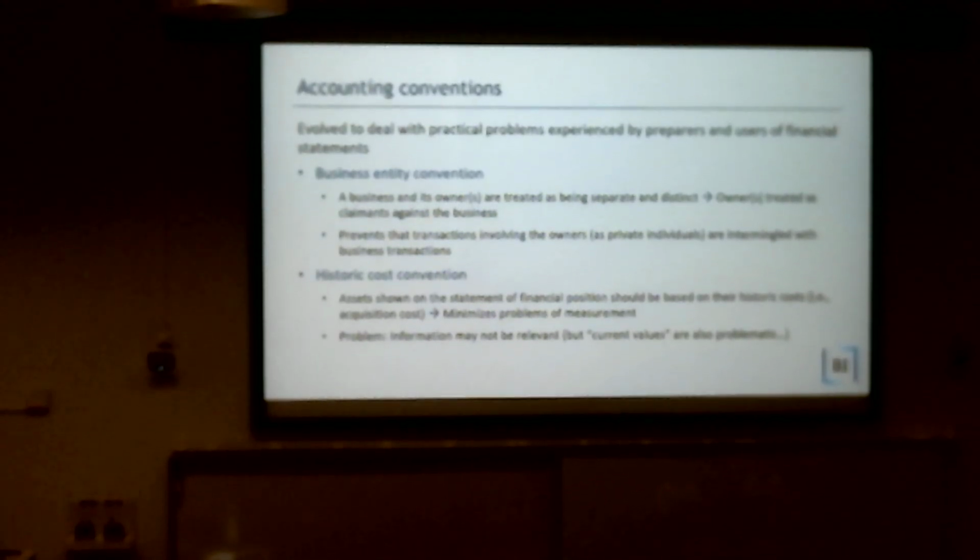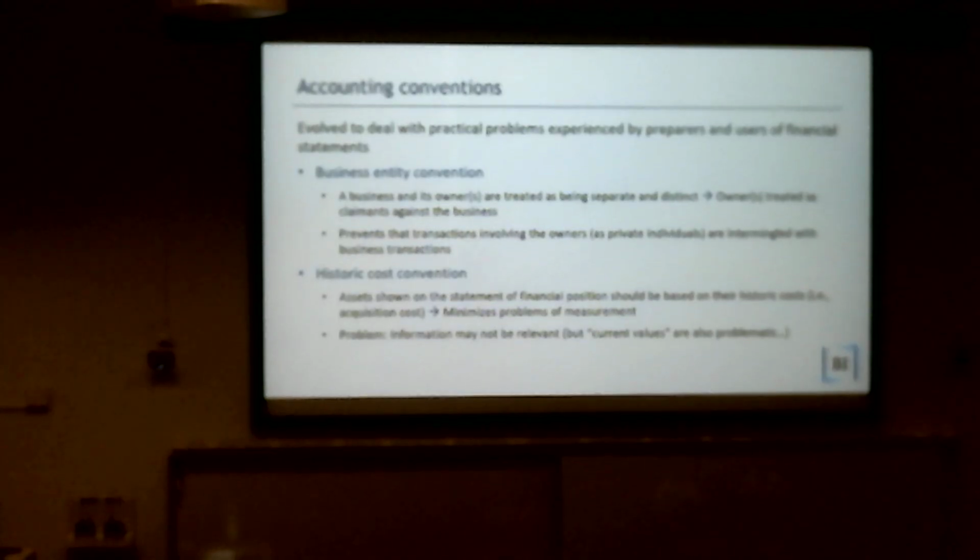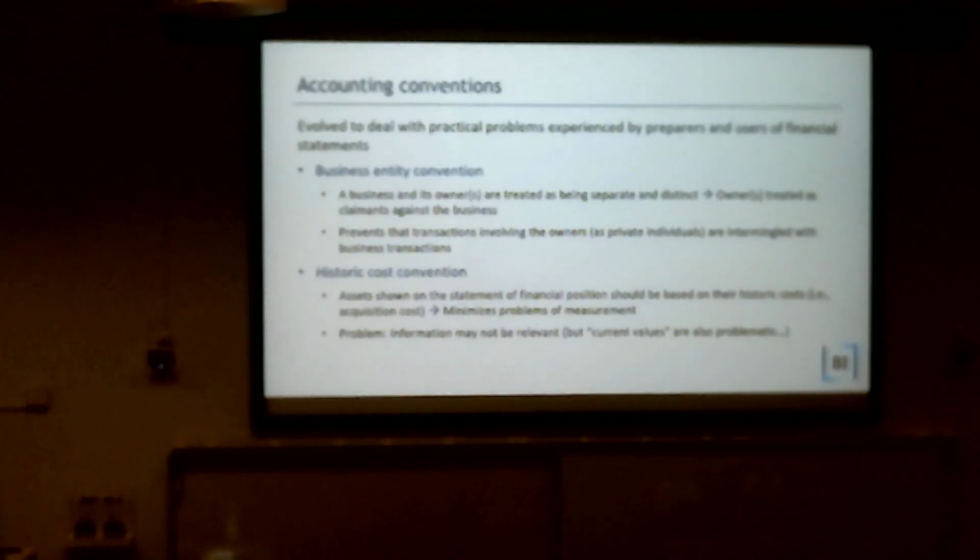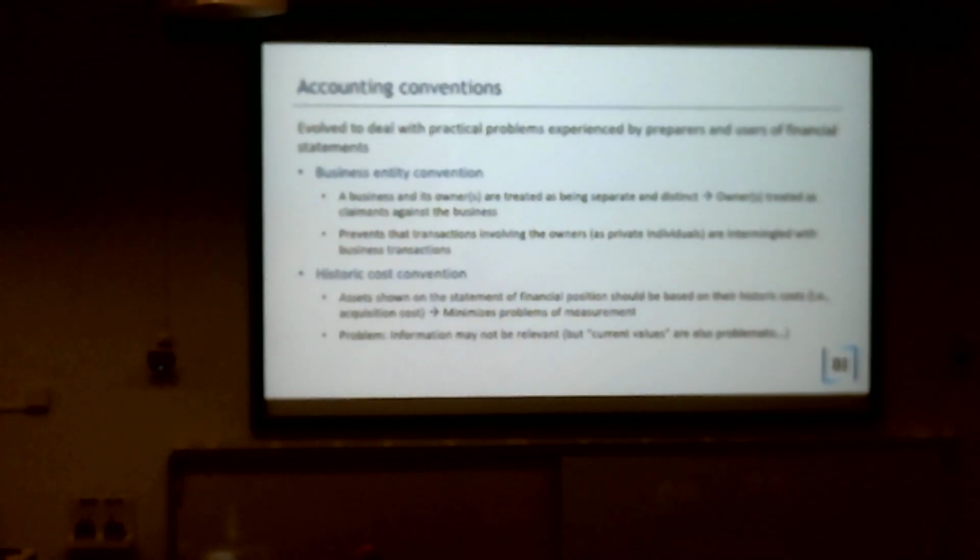So the reason is actually it minimizes this measurement problem. Of course, you can say, well, this property is not worth what I've paid 20 years ago. Probably it's much more worth. Yeah? But what would happen if you now, let's say, you paid 10 million 10 years ago and now it's 20 million worth?